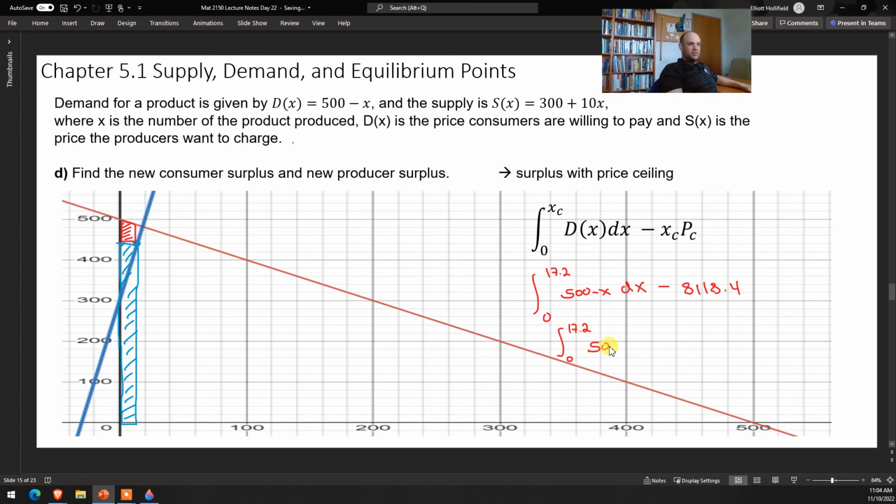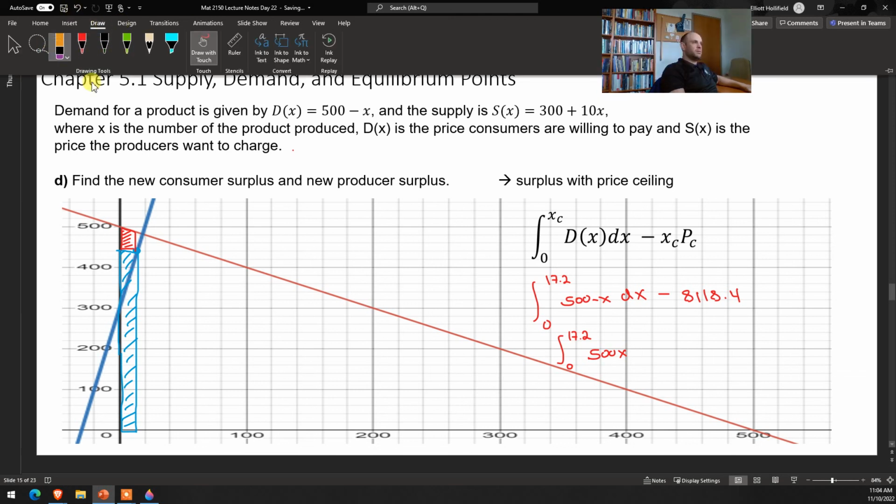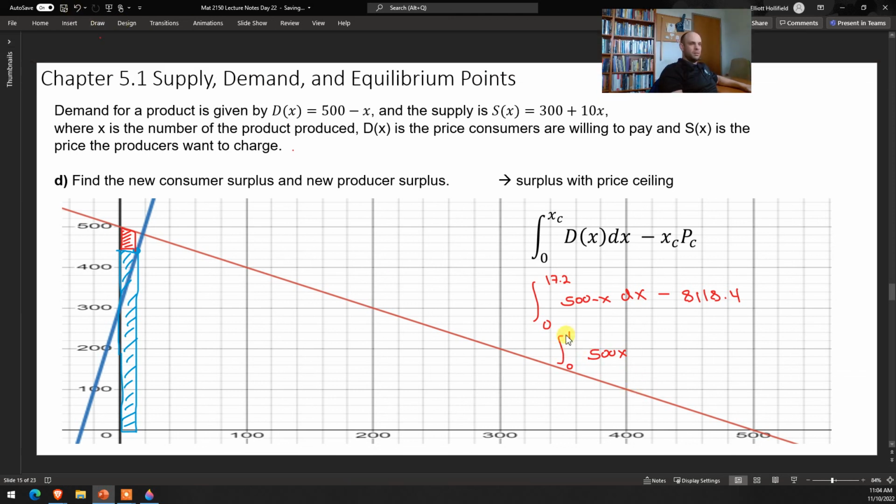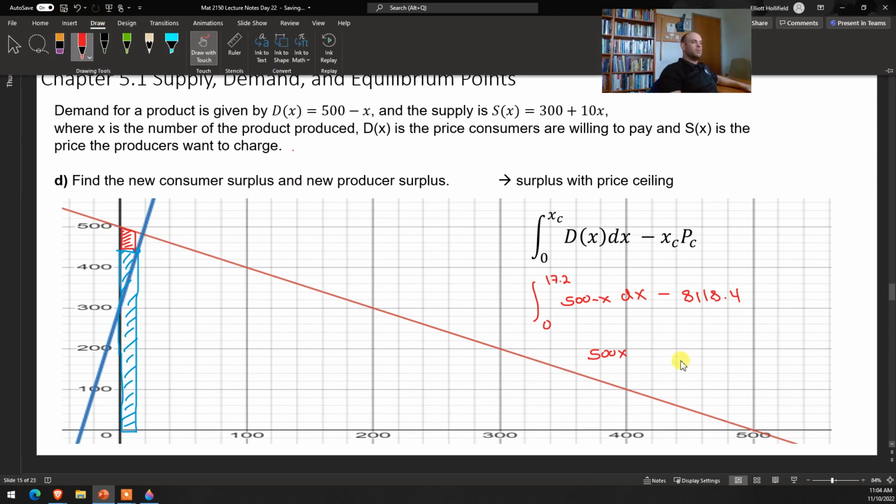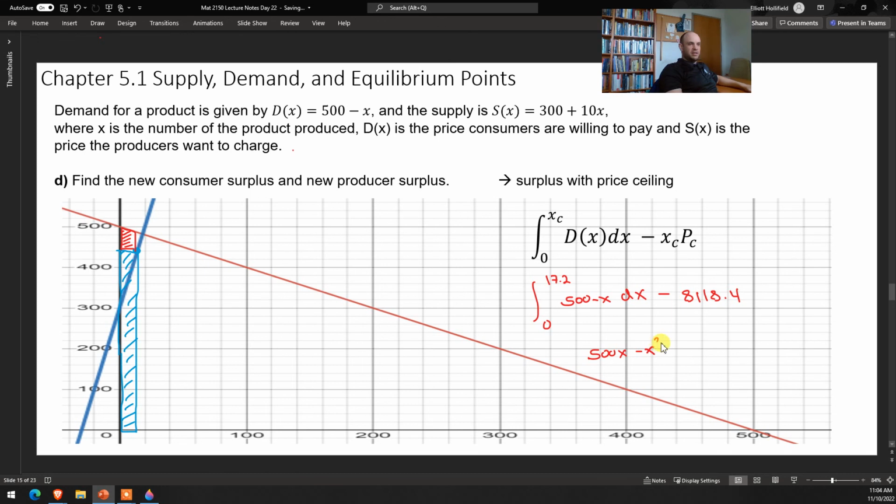So we get our antiderivative like before, 500x minus x squared over 2, and we evaluate in between 0 and 17.2, and then we subtract 8118.4.